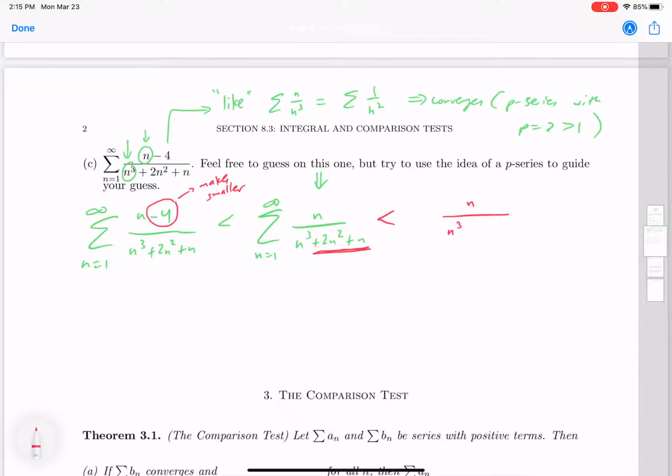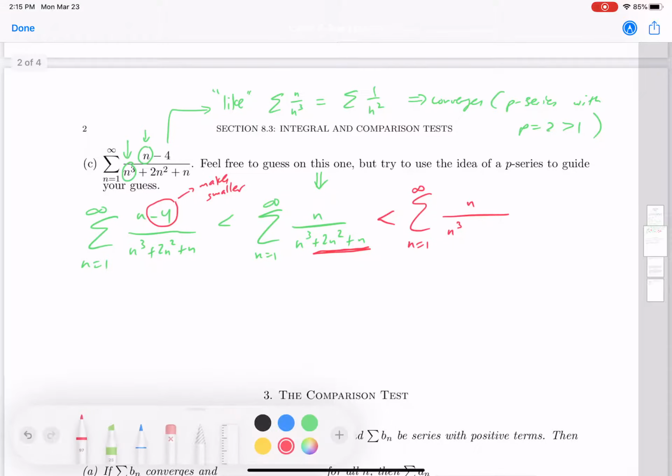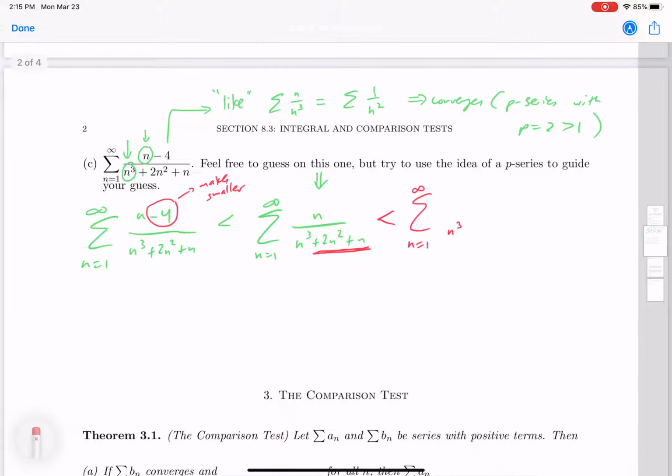Well, if I take those away, I'm making the denominator a little bit smaller. And if I make my denominator smaller, I'm going to make my overall expression bigger. And I should really make this look a little bit nicer.